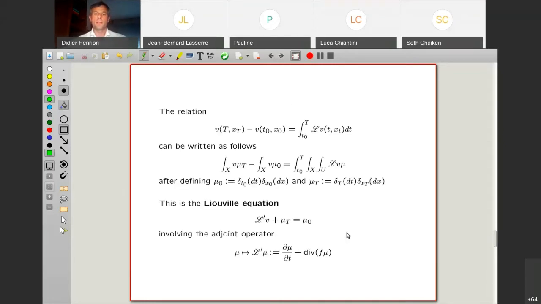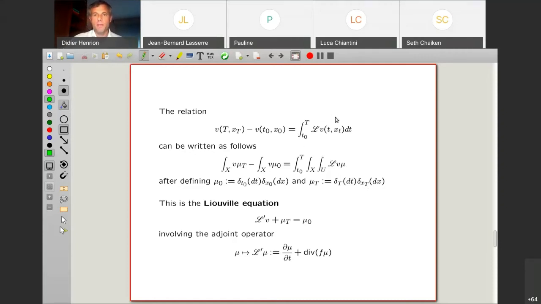And since integration with respect to time along the trajectory is by definition space integration with respect to the occupation measure, I can just rewrite this with measures. Rewrite this by using Dirac measures concentrated on time and initial condition and terminal time and terminal condition.